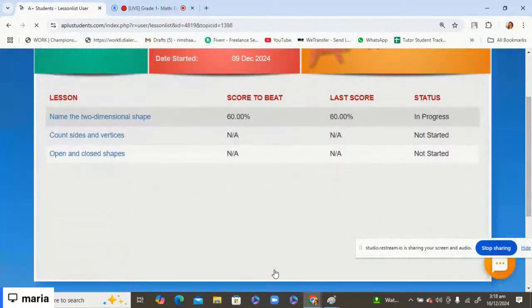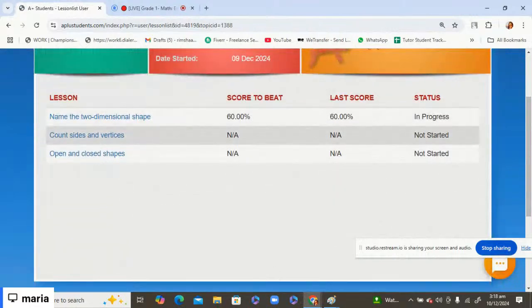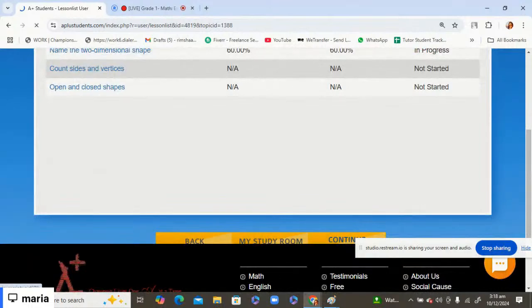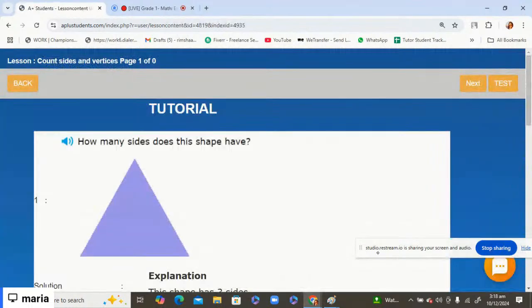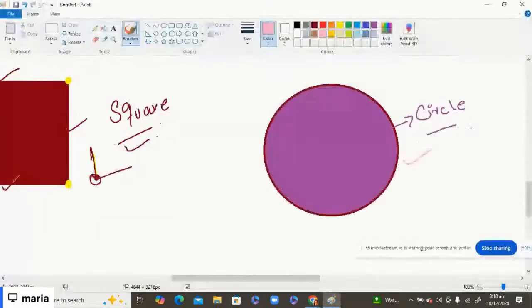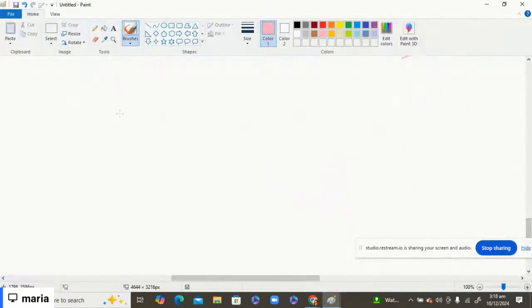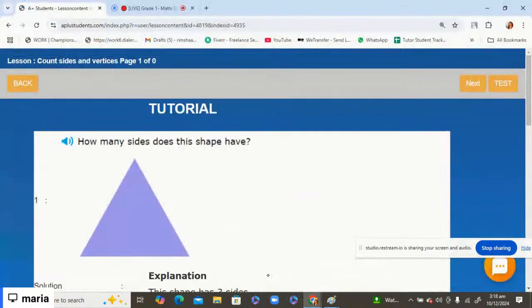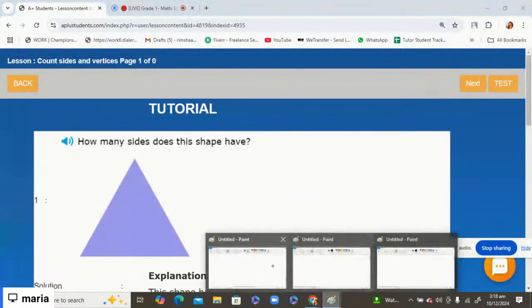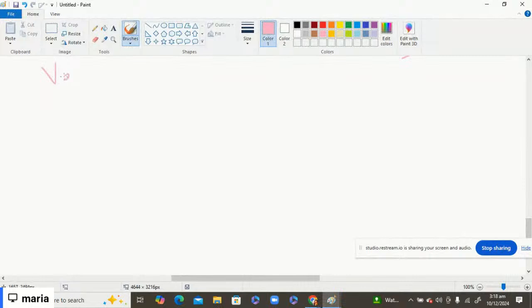All right, now let's move to the next lesson. Count sides and vertices. First of all, let me tell you what is the meaning of vertices. So, vertices, look, vertices is basically like at which the two lines meet. Like, look, if this is the line, this is the next line.